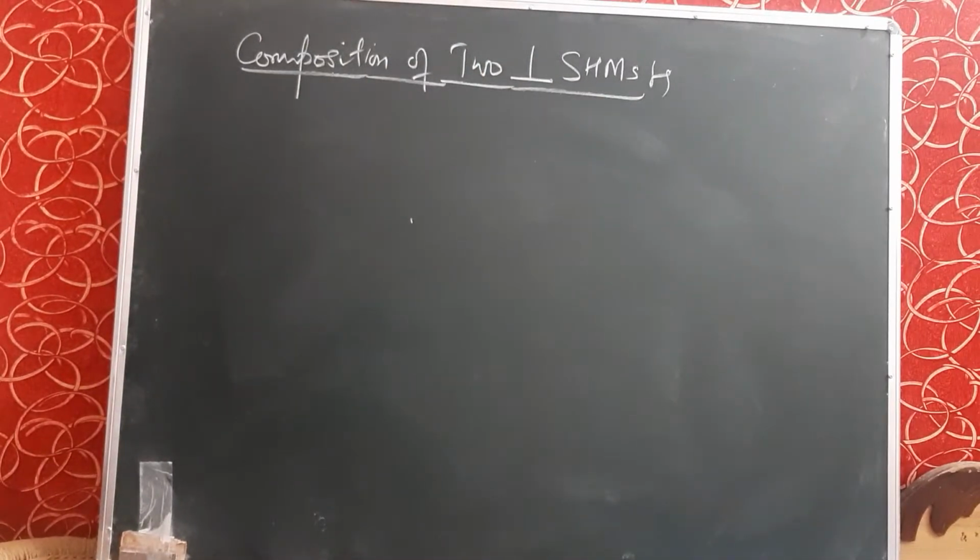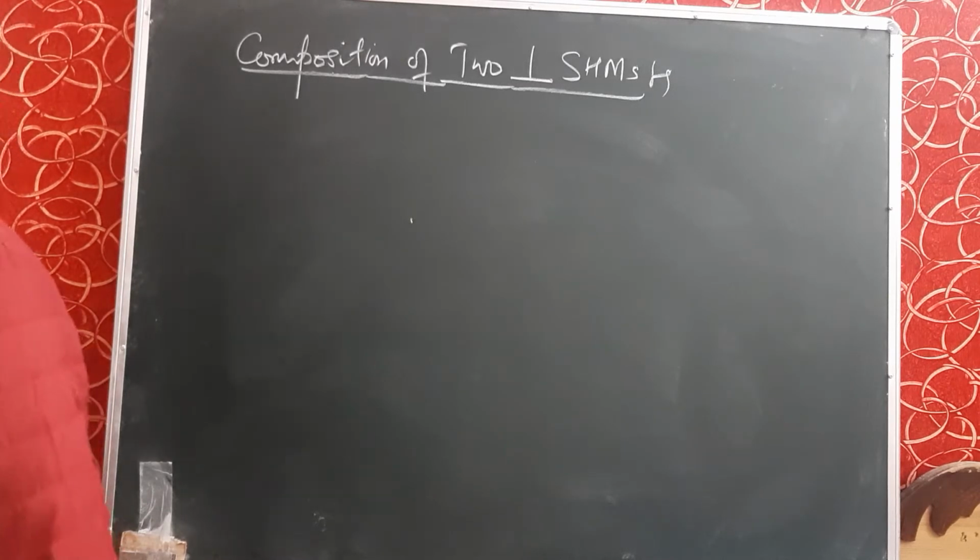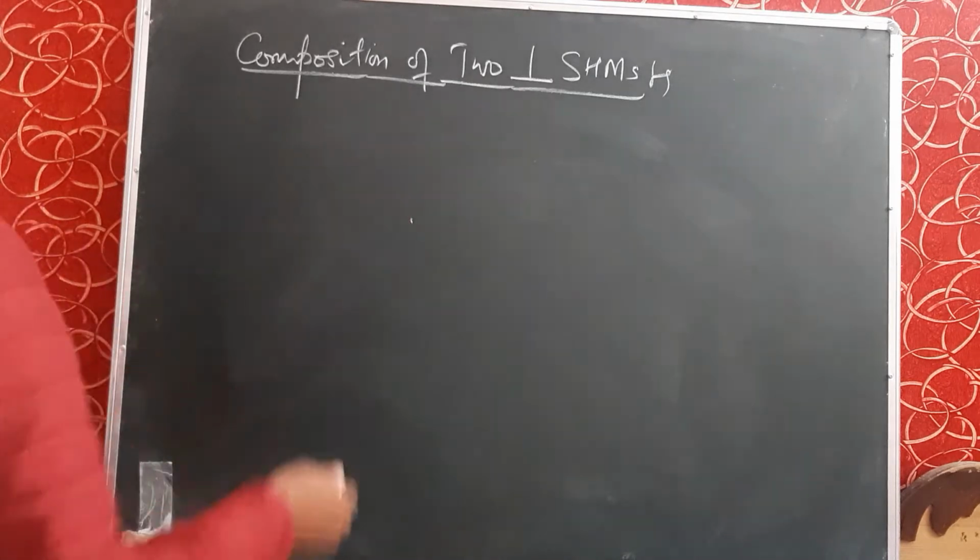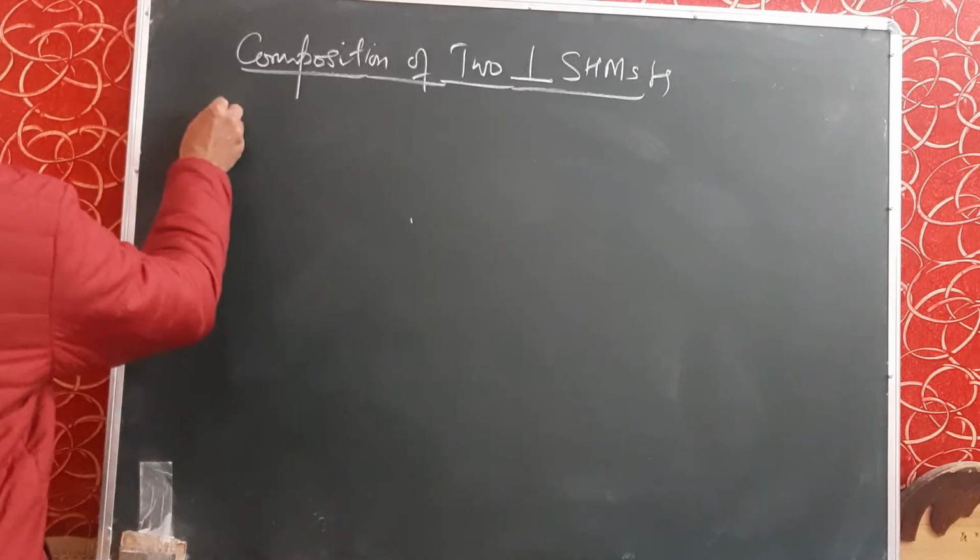In the previous articles, we have studied only single harmonic motion, but in this article we will find the composition, that is the mixed effect of two simple harmonic motions. So, there are two different harmonic oscillators, and the net resultant of the two oscillators is called composition of two harmonic motions.